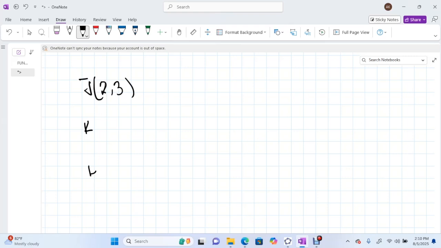And we said the Y is not going to change. So this is reflection in Y-axis. The Y is not going to change, but the X is going to be negative. So we get negative 2, 3 for J2.